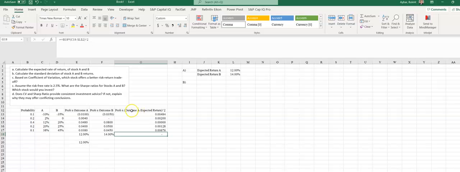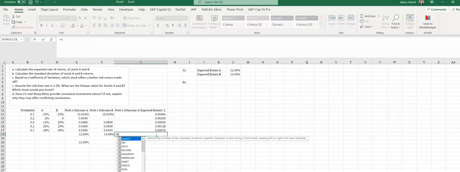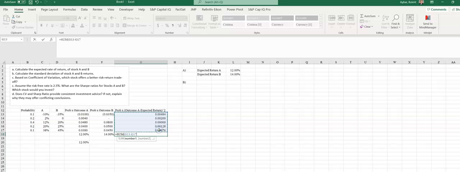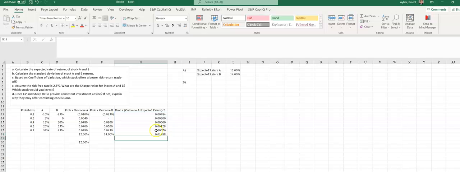And if I take the sum of all of these squared and probability weighted squared deviations, I am going to get the variance of the returns. So this is the variance, but I need the standard deviation.